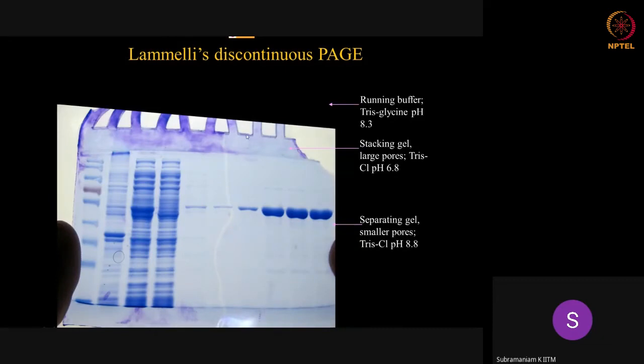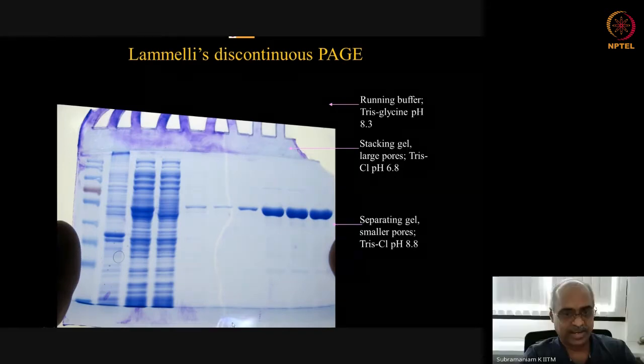So this glycine is pushed down because there is a potential gradient which is actually going to apply a lot of force down, but it doesn't move because it doesn't have charge, and as a result it all gets concentrated in this junction. And that is how, while all the liquid has moved, all the protein molecules have concentrated as a narrow band here.